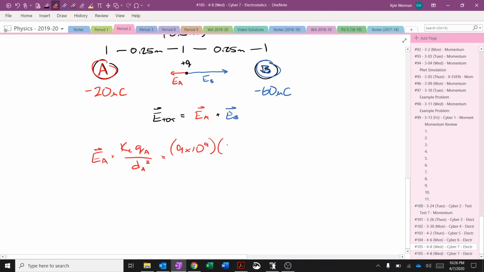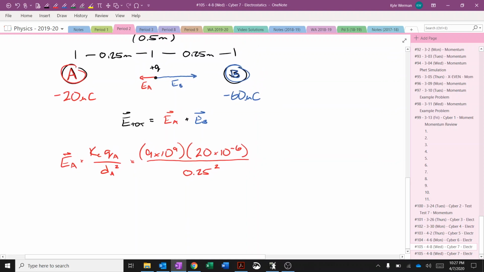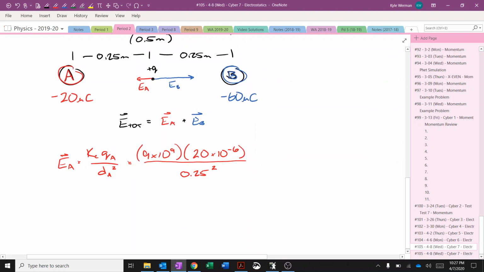The charge of A is 20 microcoulombs. And so that's 20 times 10 to the negative 6, micro. Again, nice little trick. I don't have to do any crazy conversions. I literally replace micro with times 10 to the negative 6, and now we're in coulombs. And the distance in the denominator to A is only a quarter of a meter. So I'll square that. Again, we want everything in coulombs, everything in meters.